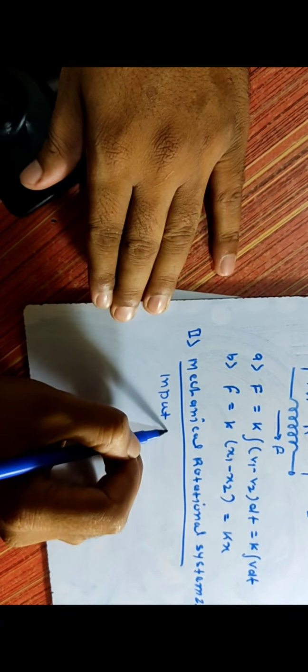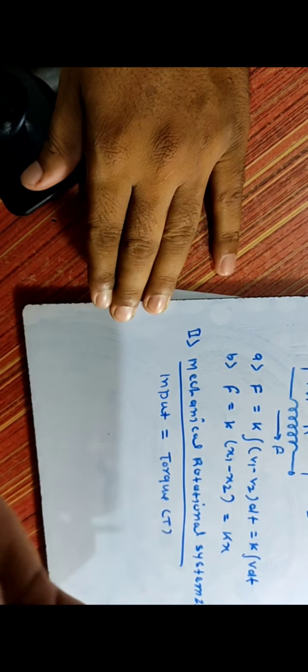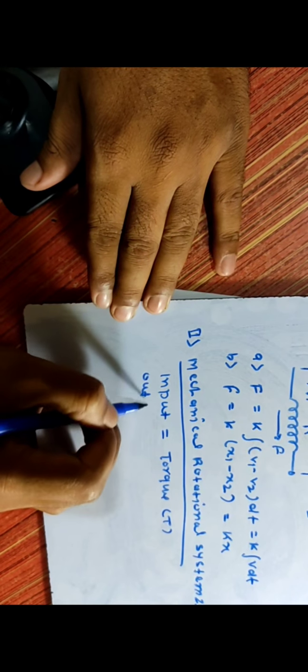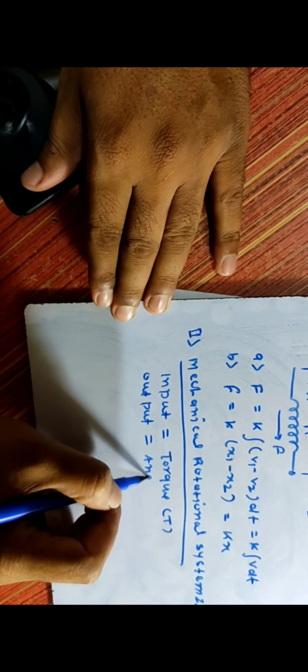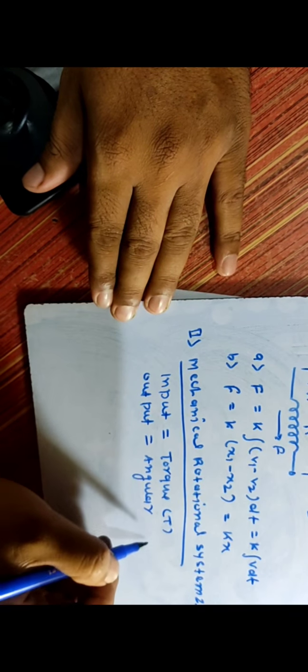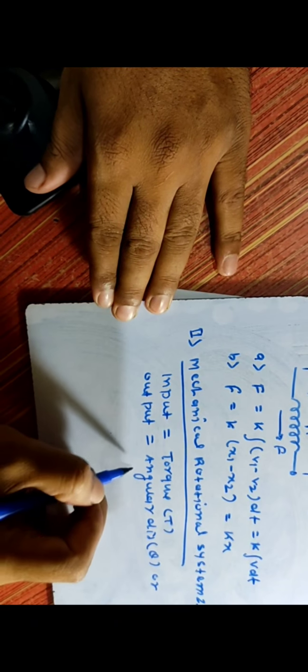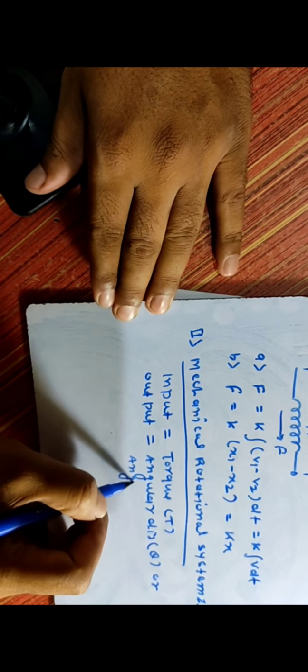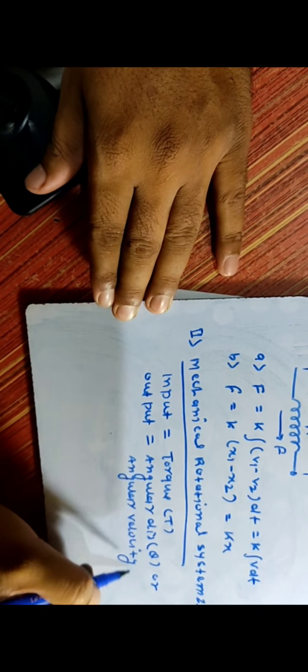In rotational systems, the input is torque T and the output is angular displacement theta or angular velocity omega.